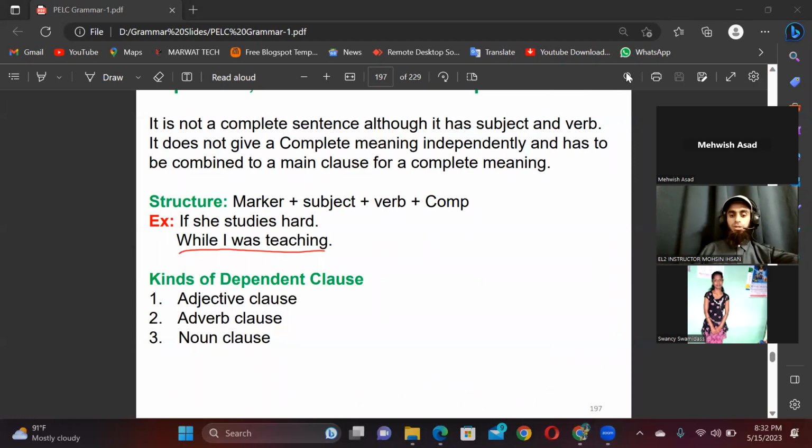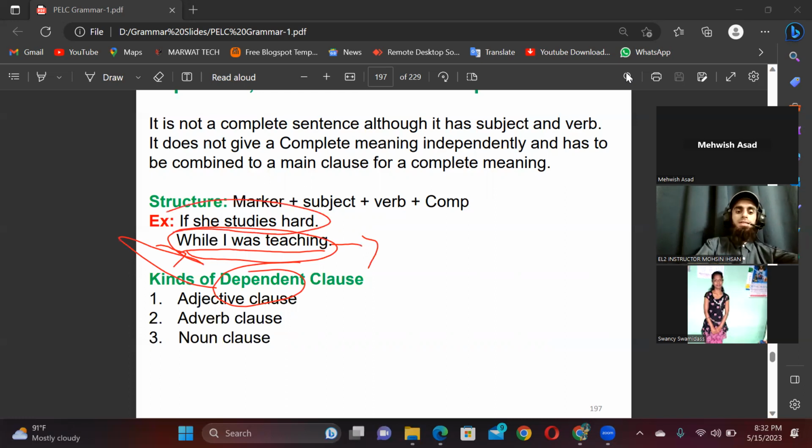While I was teaching, he just entered into the class. Now this is dependent, because while I was teaching is not giving me a complete sense. Incomplete sense is given, that is why it would be called dependent, dependent on the other part of the sentence to complete its meaning.